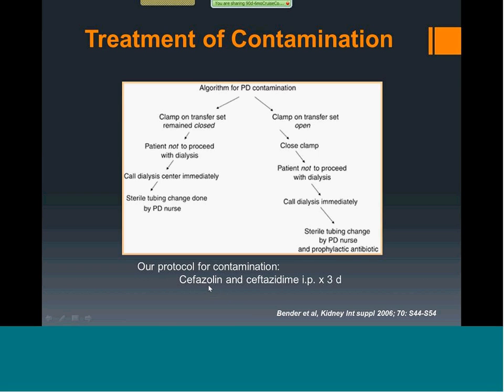The antibiotics we use are cefazolin and ceftazidime peritoneally for 3 days, using doses similar to what you would use for an episode of peritonitis. You can substantially reduce the incidence of peritonitis around episodes of contamination if you follow the process, change the transfer set, and if necessary, give prophylactic antibiotics.